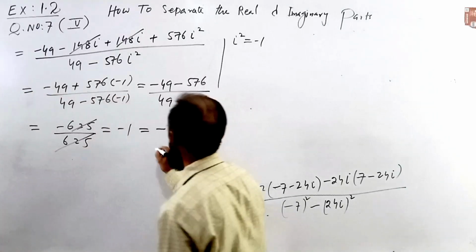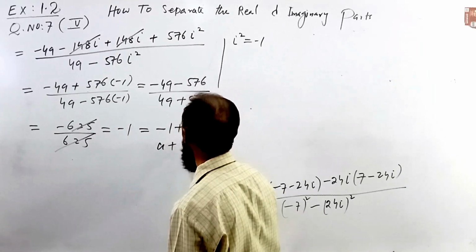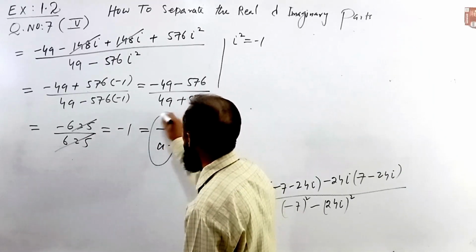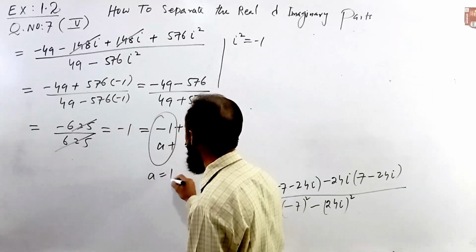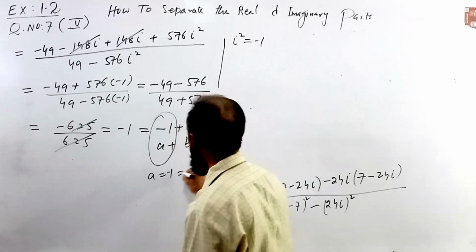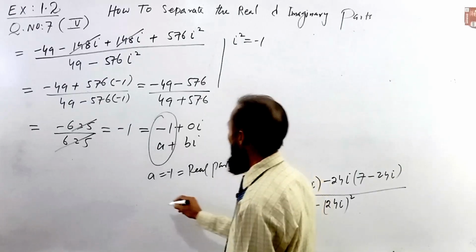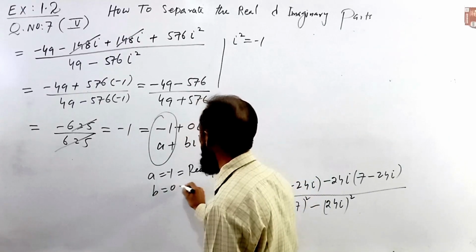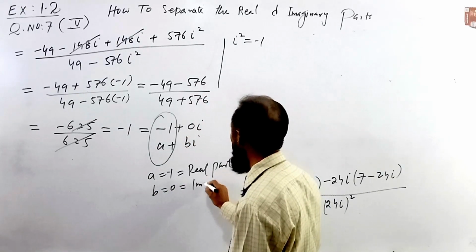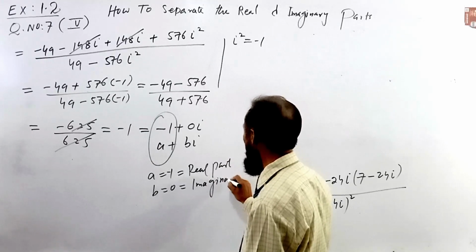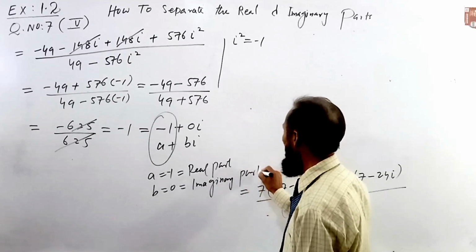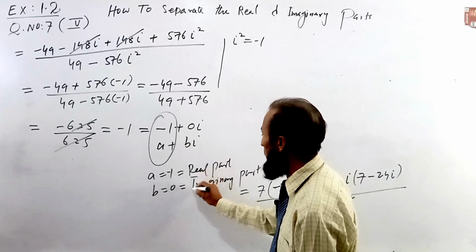If we compare with the formula a plus bi, the real part a is equal to -1, so this is the real part, and the imaginary part b is equal to 0. This is the required result.